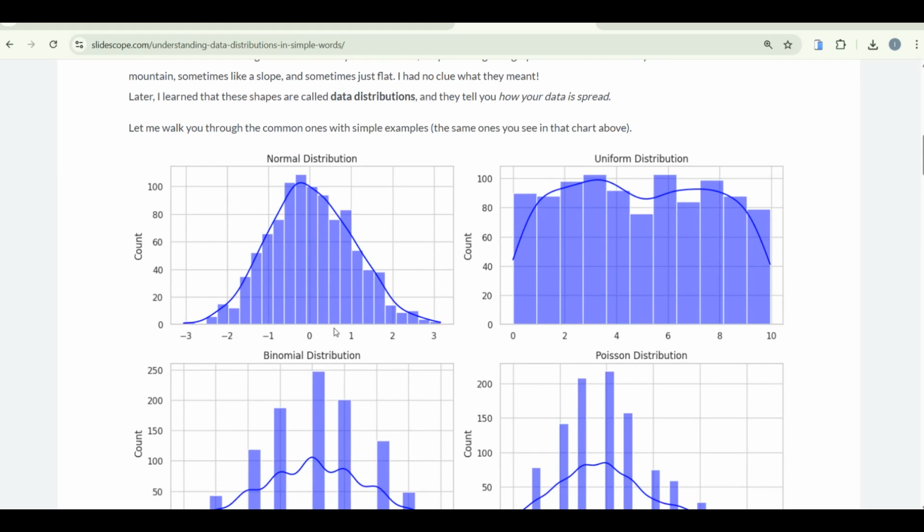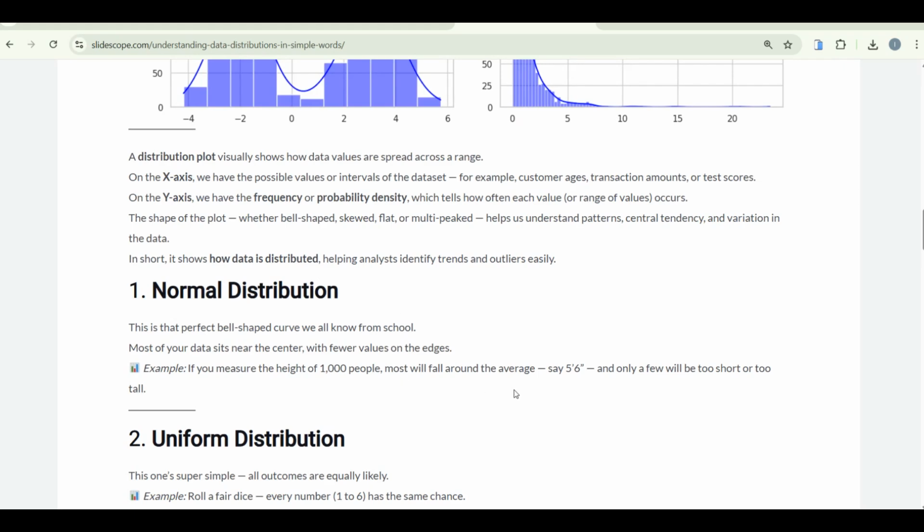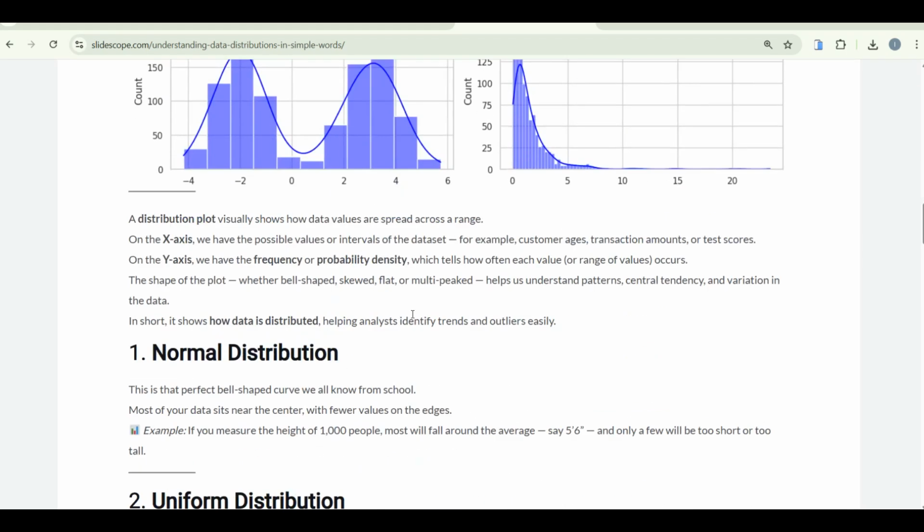Don't worry about these numbers, but most of them will fall near 5 feet 6 inch, and that's why this count is given on the y-axis. Only a few will be too short, few will be too tall, so that's why this type of shape appears.